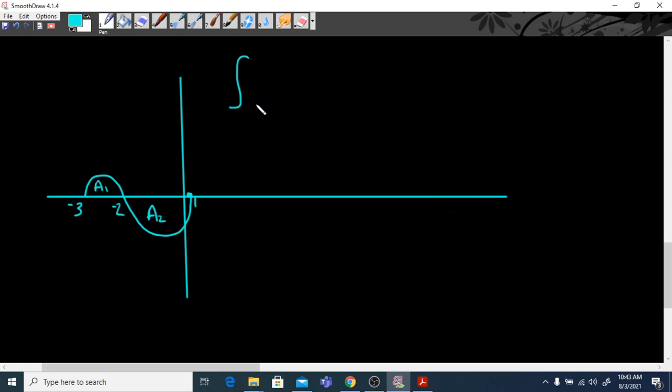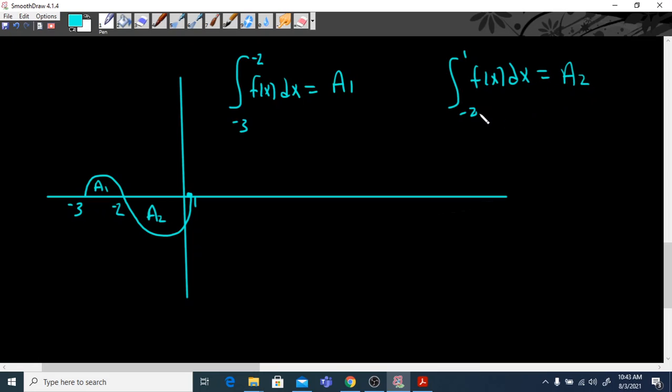If I integrate from -3 to -2 of my function, that's literally just going to give me A1. If I integrate from -2 to 1, that is going to give me A2.